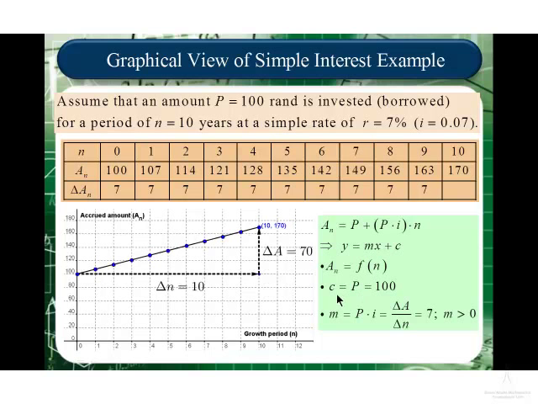And of course, as I've showed you before, the y-intercept when n is equal to 0 just gives us the principal amount or the amount of money that was initially invested to start out the process. And as I've mentioned, the gradient is P times i, which in our case is then just 7. And note that the gradient is positive. That is why we have a growth situation in such a case where the simple interest applies.